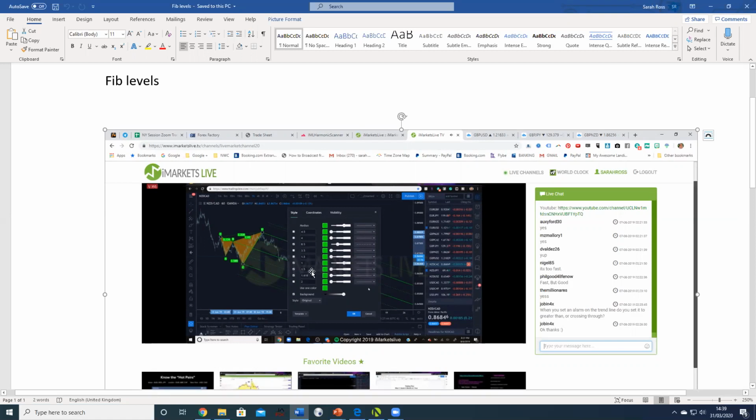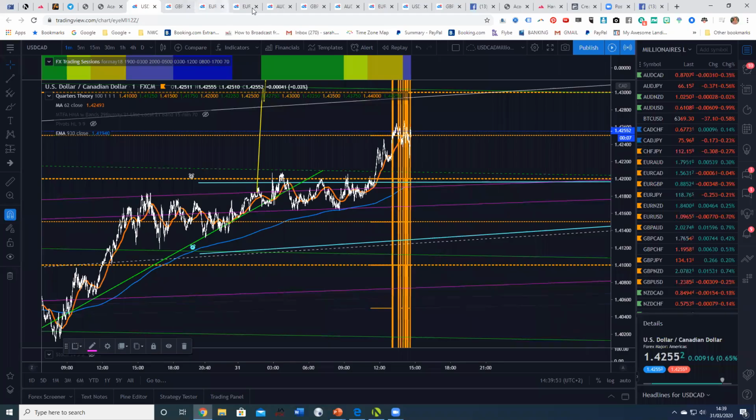So the settings are 0.5, 1, 1.5, 1.618. Sorry, it's me getting in a model.